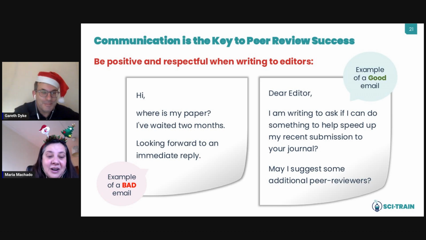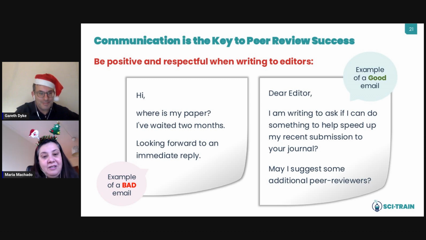But be aware that people have their own jobs, they have their own ways of dealing with things, and they may have other impediments that you know nothing about. So be respectful, be positive, and also don't refrain from asking questions, but ask them in a way that portrays your respect for their work as well.